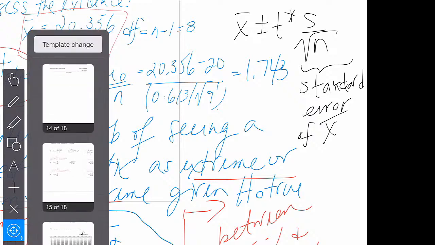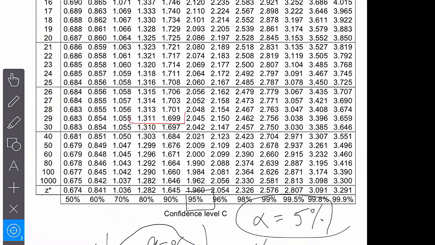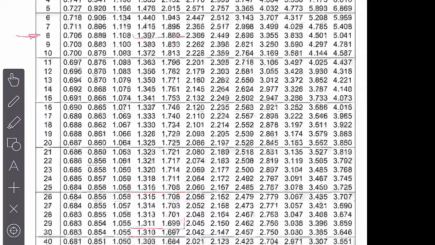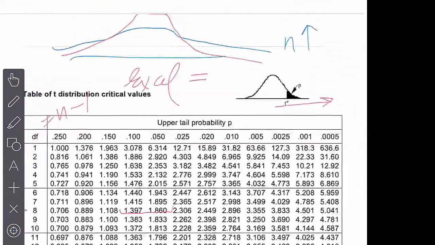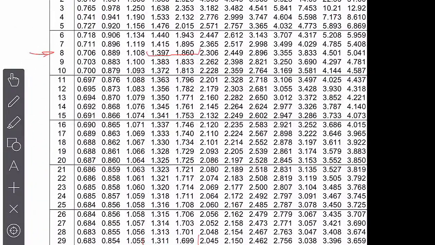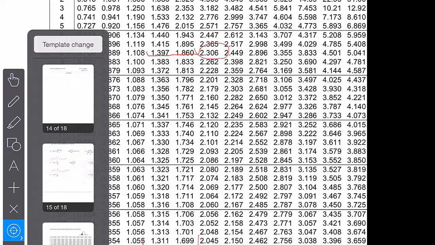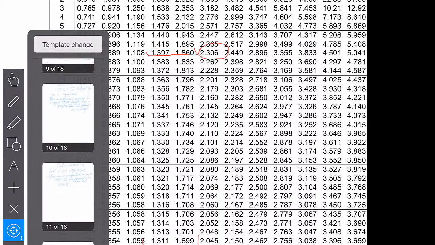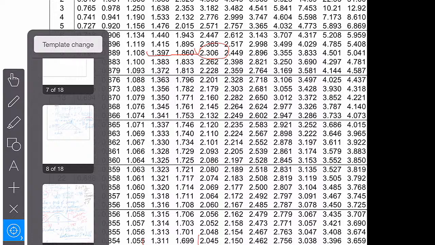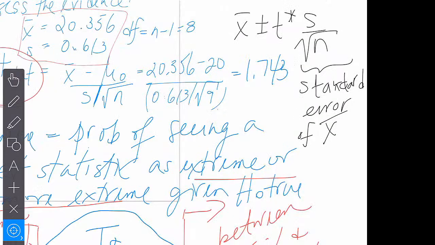The t critical value, let's see. It's here: 2.306. 2.306 would be for 95%. All right, so that's what we're going to use. Basically, to have 95% confidence, you have to be about 2.3 standard errors away from the mean.